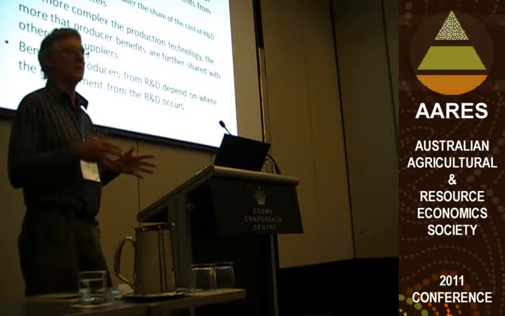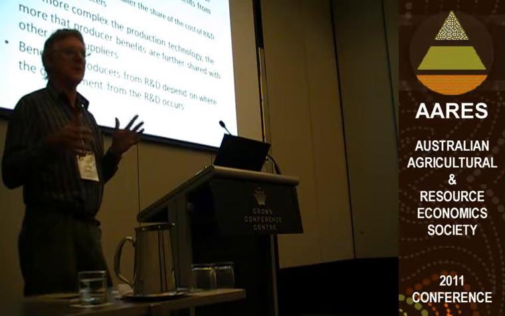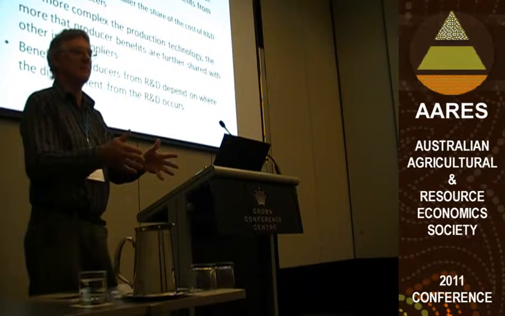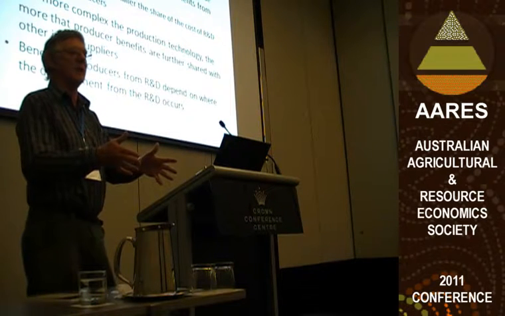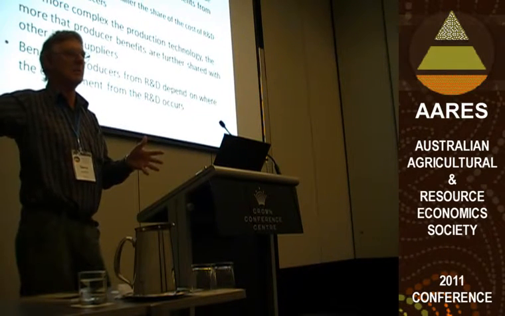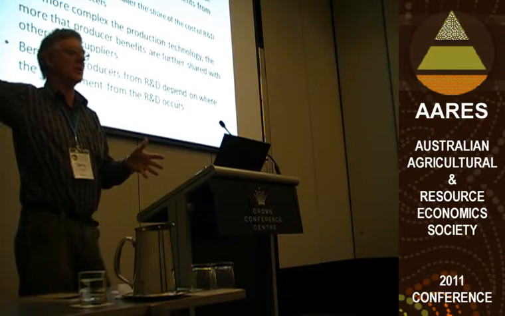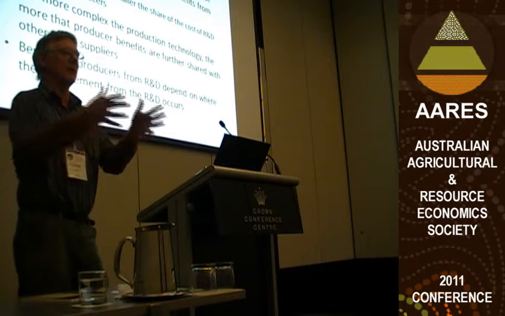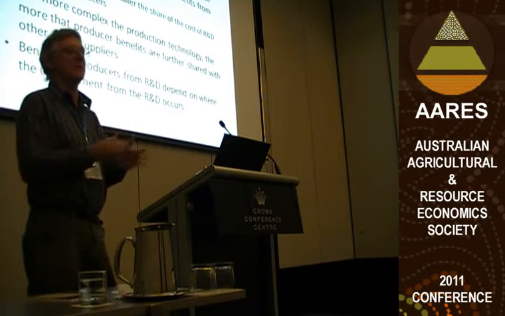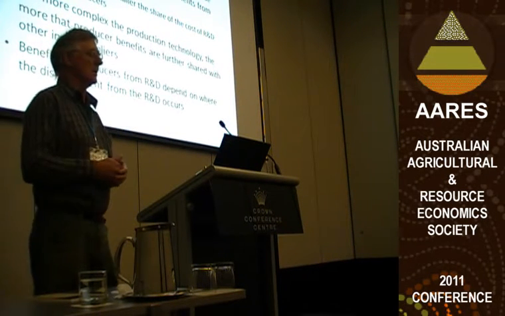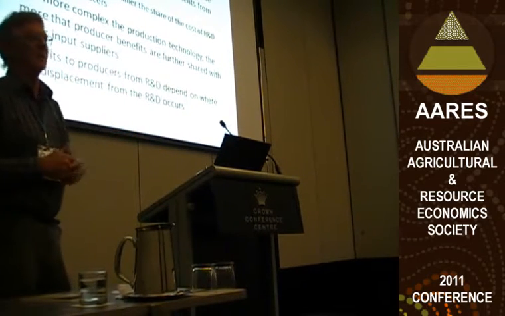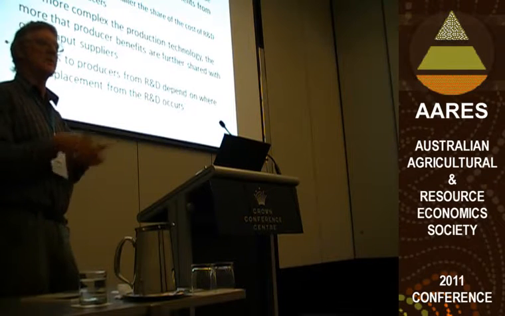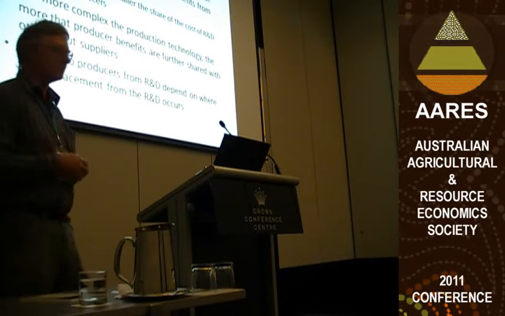That's just the farmer's share of the consumer's dollar idea. There's this much value of production at the farm level, there's this much gross value when it's measured at its final point, the retail level, and the bigger that is relative to the farm value, the smaller the share of any benefits that flow back to producers. Offsetting that, of course, the incidence of any levies that producers pay to fund that R&D is also smaller if it's more complicated.